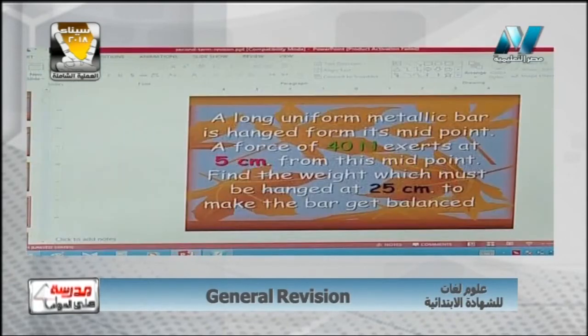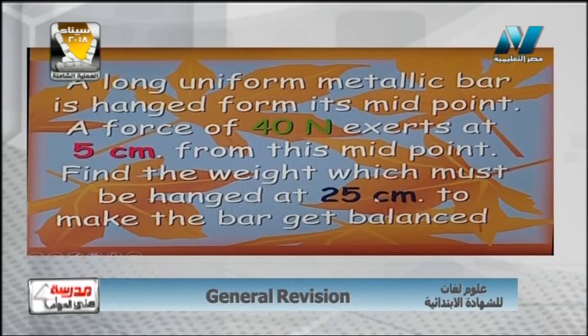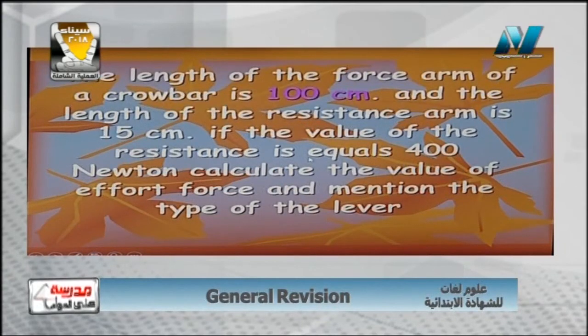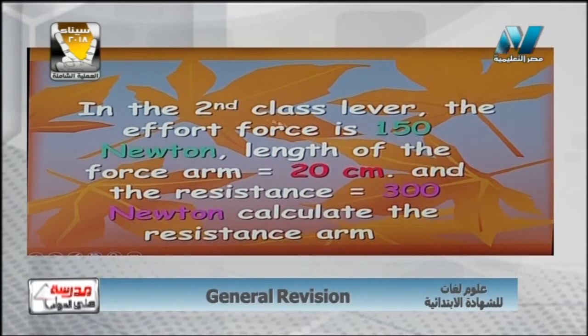Okay, we have another question. عندنا question تاني. By using the mathematical law we can recognize: in the second class level the effort force is 150 Newton, length of the force arm equal 20 centimeters and the resistance equal 300 Newtons. Calculate the resistance arm. As we see we have to calculate the resistance arm.